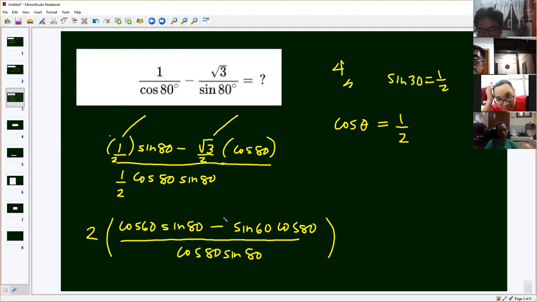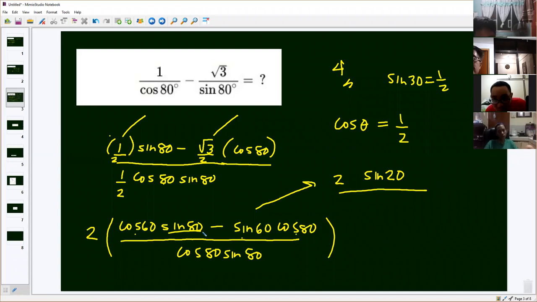Una, what we have in the numerator is a cos sin, sin cos, or sin cos, cos sin, and then a minus. So kung unahin ko si sin, cos, cos sin, the numerator is simply sin 20. Right? Unahin natin sin, cos, cos sin. So 80, 60. Sundan, 80 minus 60 kasi sin, cos, cos, sin.